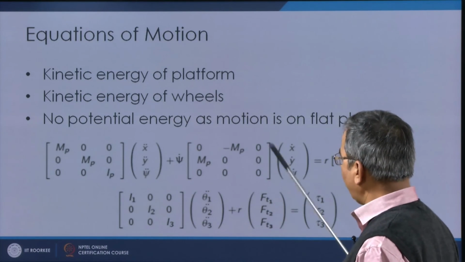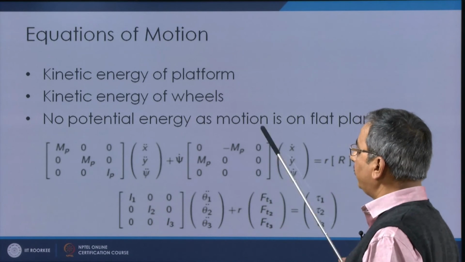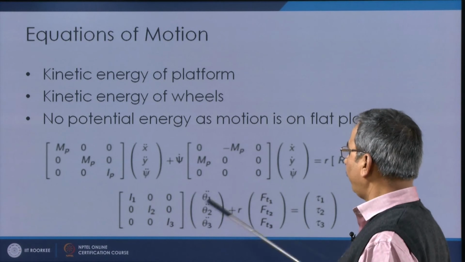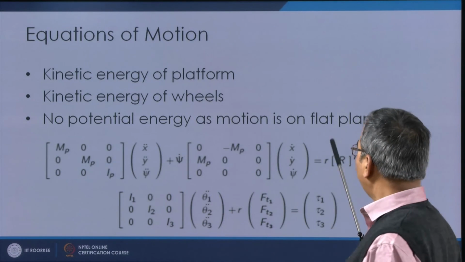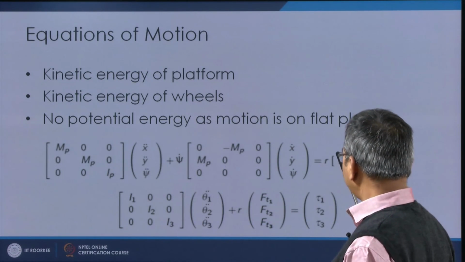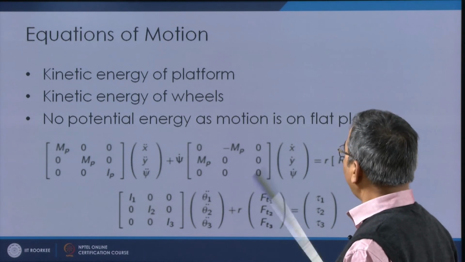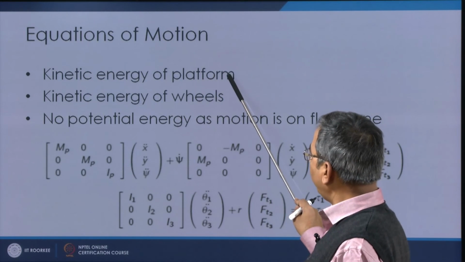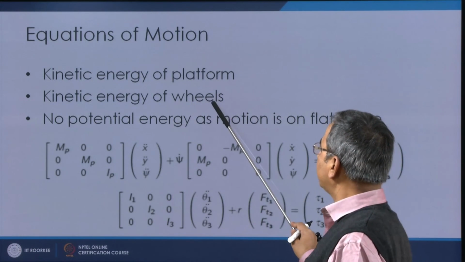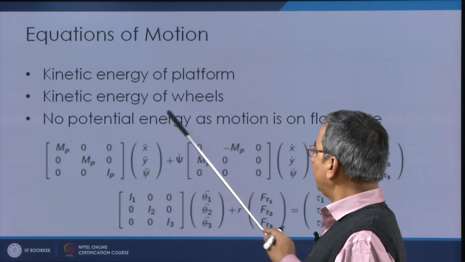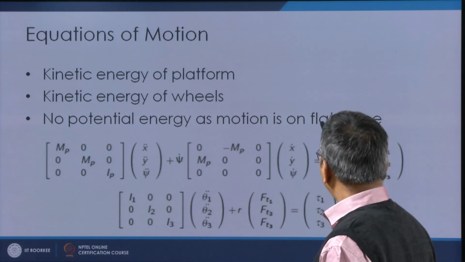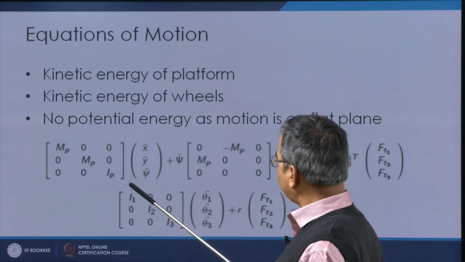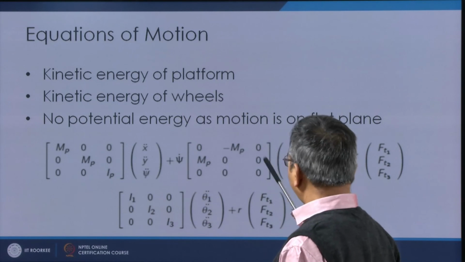We can evaluate the kinetic energy, we can evaluate the potential energy, find the Lagrangian, and then by substituting into the Lagrange equation we can get the expression. The expression looks like this. We have the kinetic energy of the platform and the kinetic energy of the wheels. We assume that there is no potential energy as the motion is on a flat plane. Let us try to understand this expression.